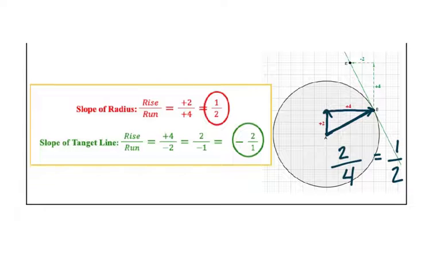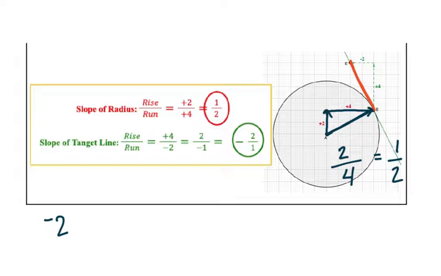Now, in order for the line to be tangent to the radius, its slope has to be a negative reciprocal of that. So we know that the slope of the tangent line has to be -2. Let's look now at the tangent line, from point E to point B here. You can pick any point on this tangent line, or what is supposed to be the tangent line.